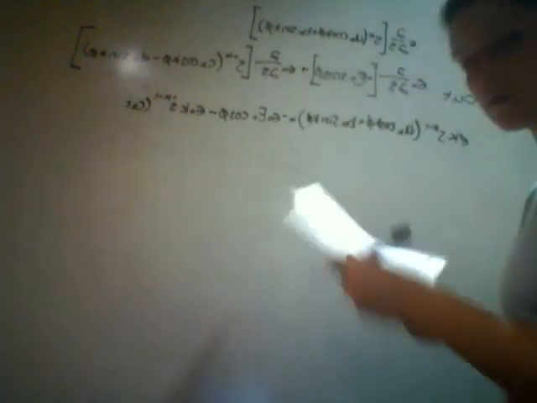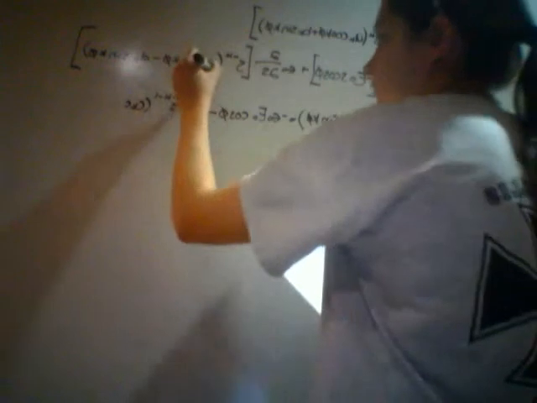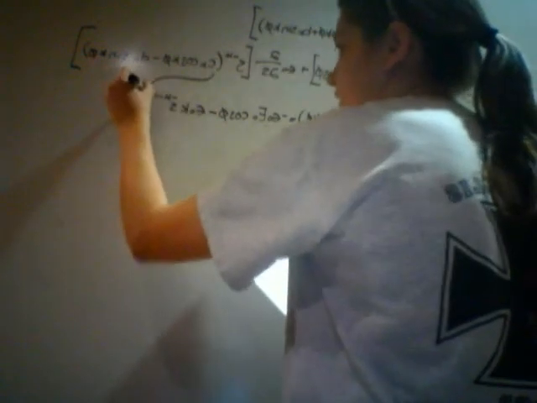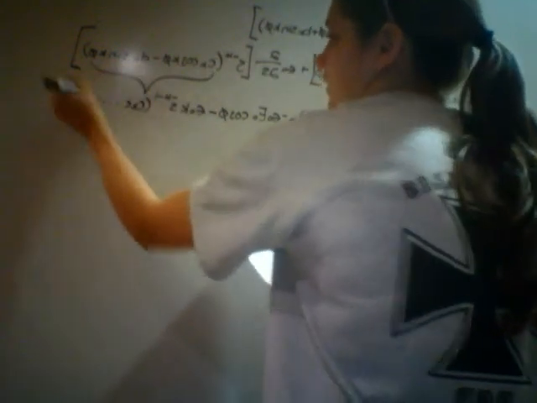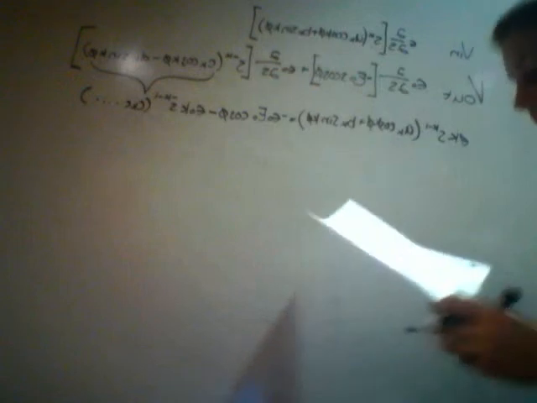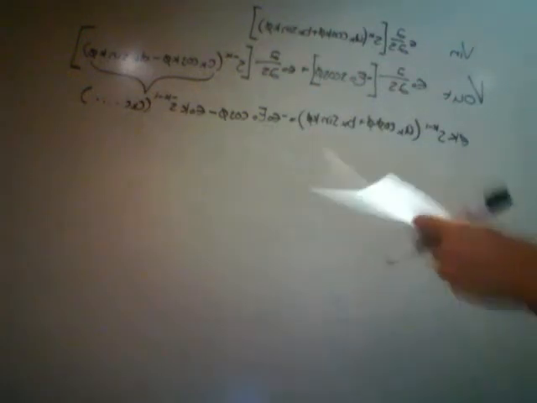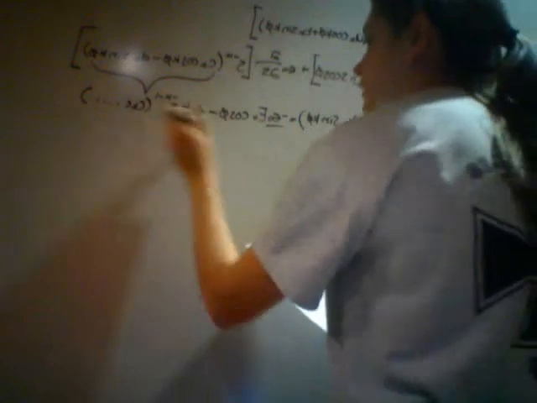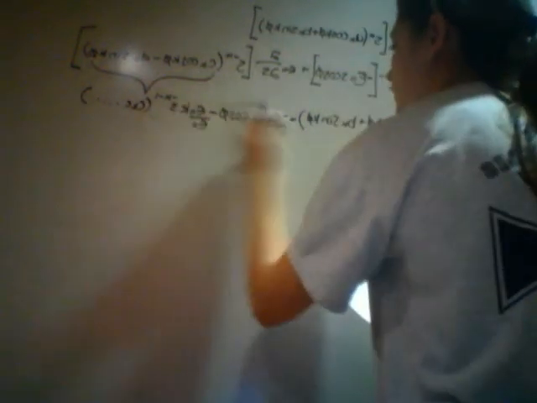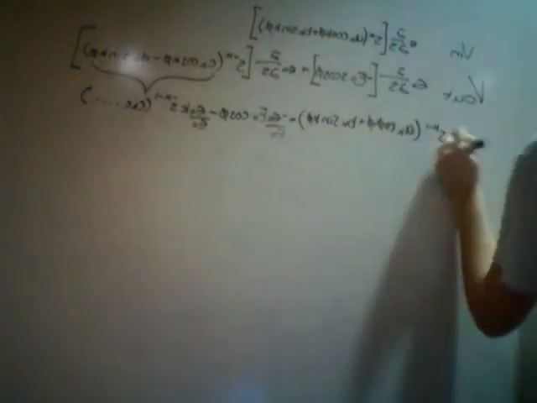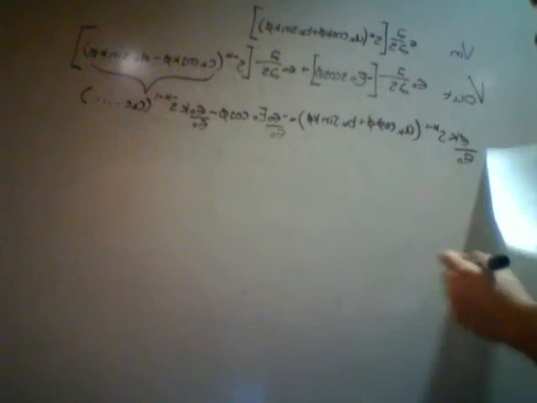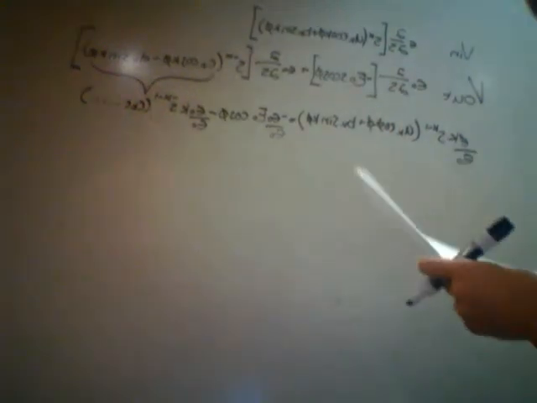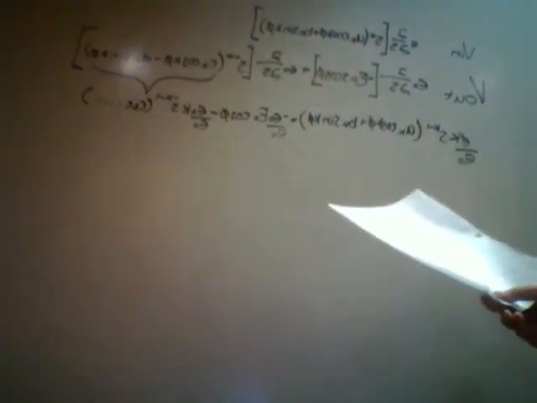Just to save some time, we're going to write this in here. It's the same equation. Once we have that, we want to divide everything by epsilon naught.